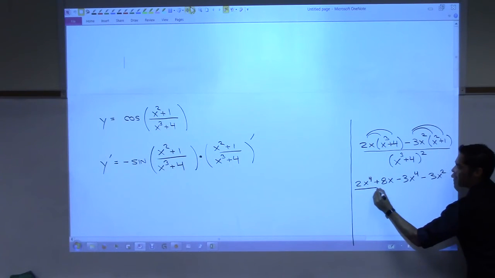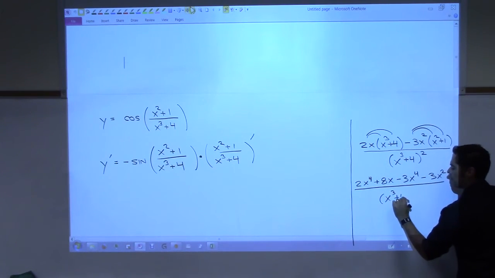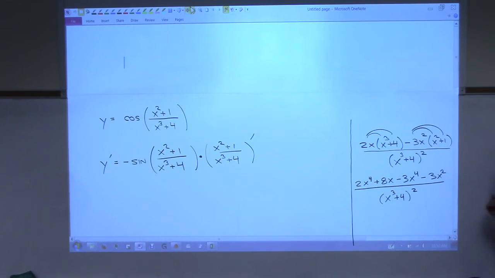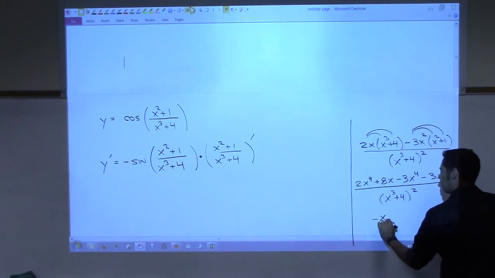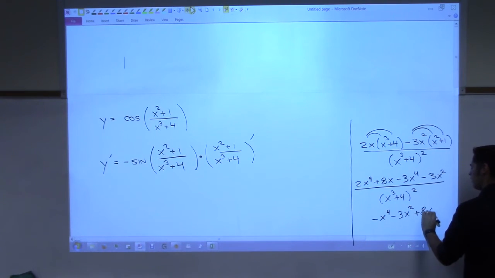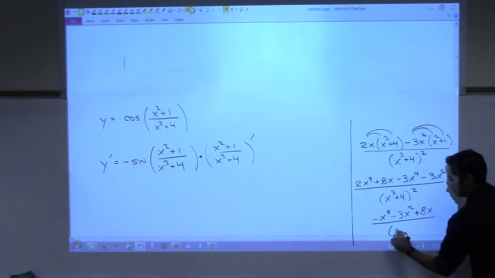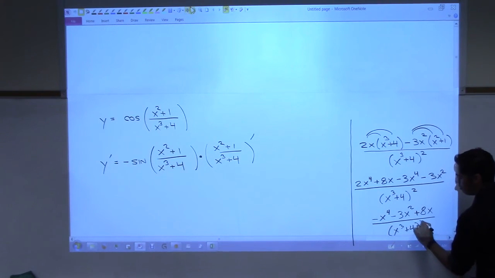All over, do y'all agree with that? And then combine some like terms together. We're getting like negative x to the fourth minus 3x squared plus 8x all over x cubed plus 4 squared.